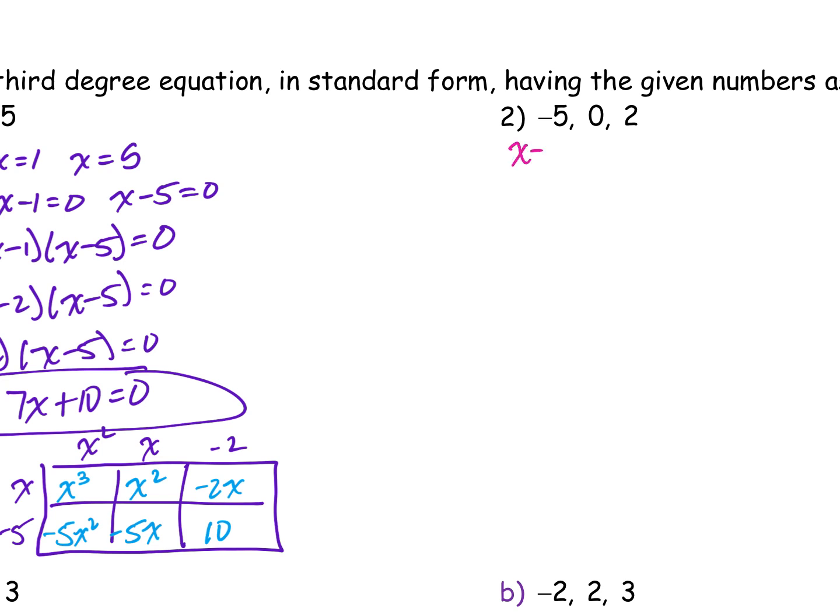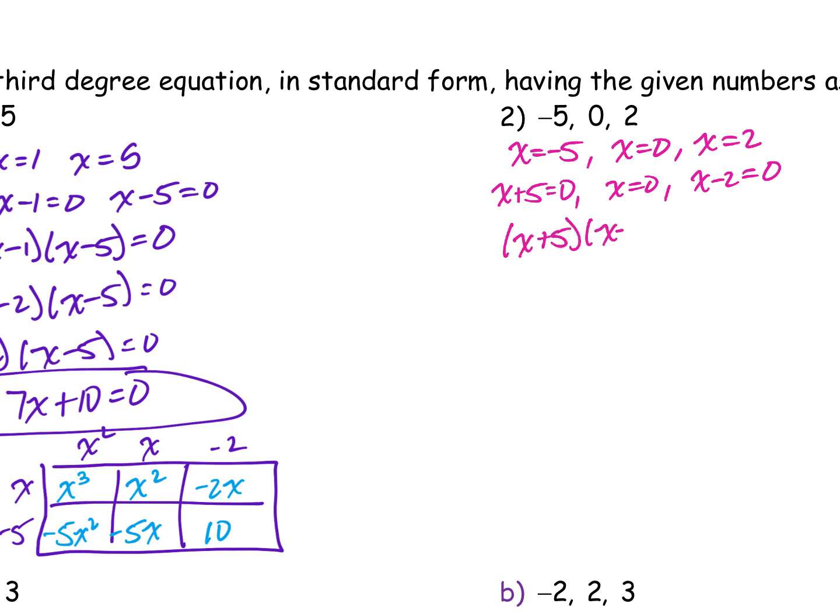So I've got x equals negative 5, x equals 0, and x equals 2. So when I rewrite these, I've still got x plus 5 equals 0, x equals 0, and x minus 2 equals 0. So when I multiply them together, I've got x plus 5 times x minus 2 times x, the third one. If I just have it equal to 0, I just have to have an x there.